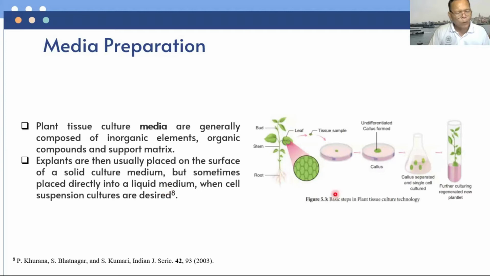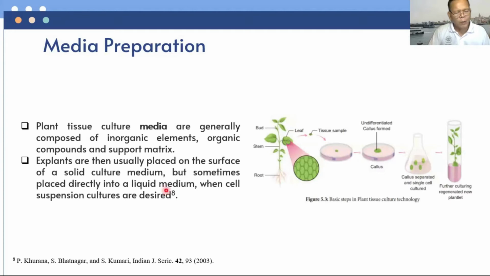In addition, they also provide the necessary organic compounds such as vitamins and carbon source, which are usually produced in plants. Sometimes, plant growth regulators are added to the medium to stimulate cell division and or differentiation.